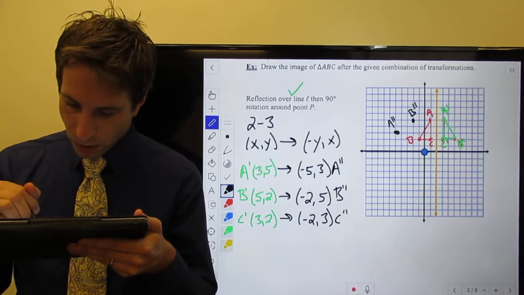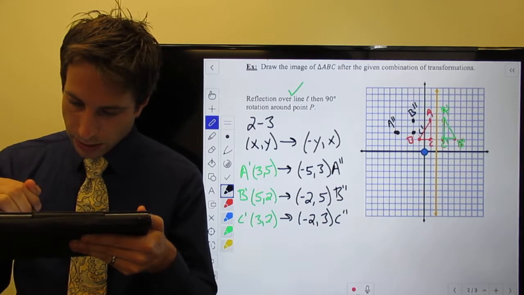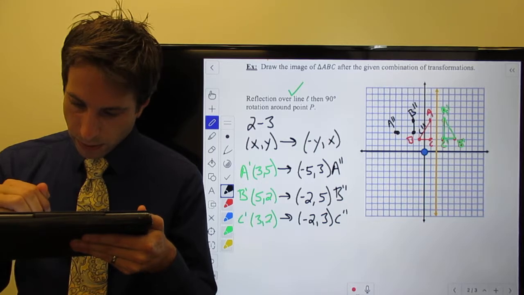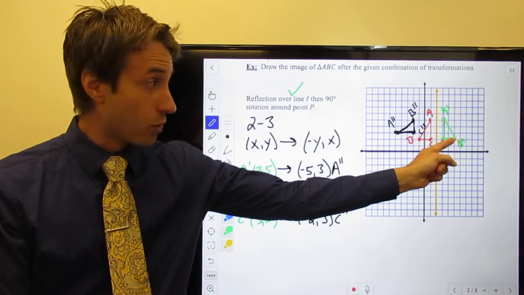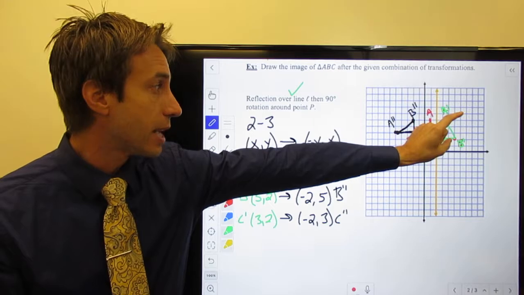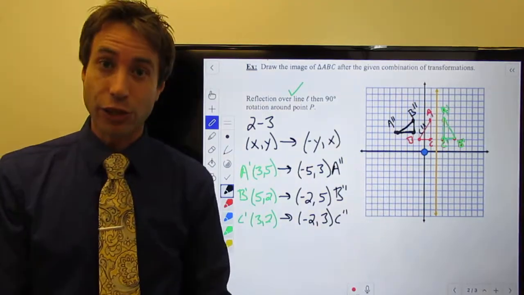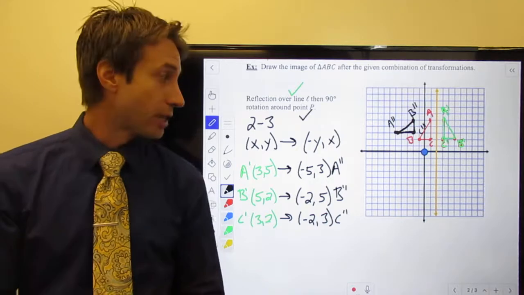C. 1, 2. 1, 2, 3. C double prime. Awesome. There's this triangle, right? The one in green. The prime triangle, right? Rotated 90 degrees, right? That takes care of those transformations.